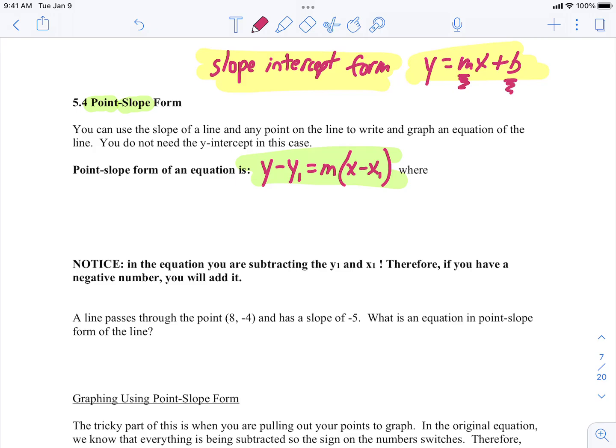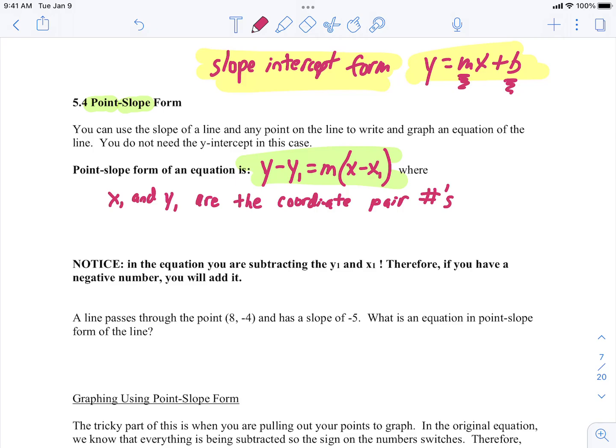Now, what do all these things mean? Where x1 and y1 are the coordinate pair numbers.